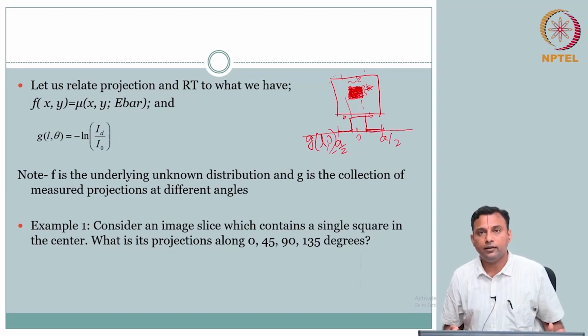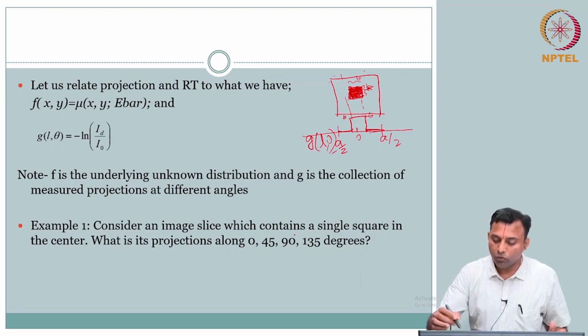Clear? So likewise you can do, say for example, 45 degrees. You have to be careful how you do it. Again, just for convenience, I am going to draw the amplitude on the other side. Here it is going to be 0, and I am going to have some non-zero value starting here until here.